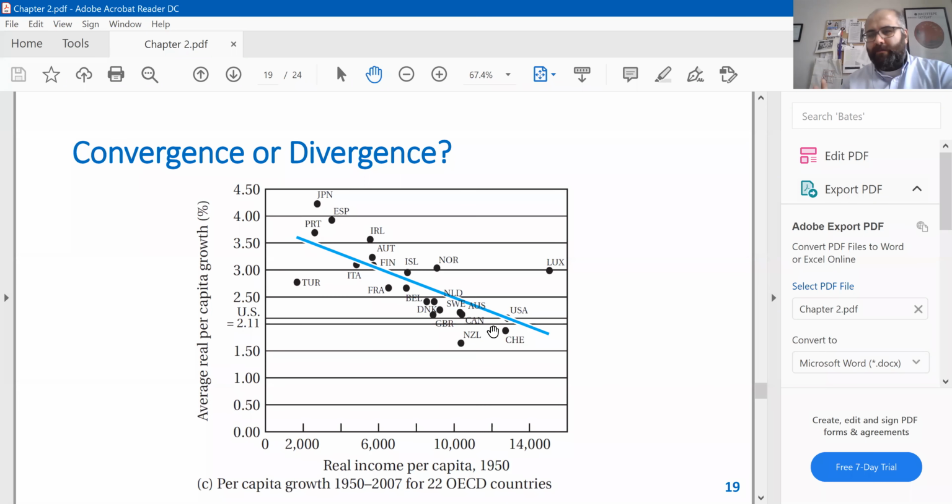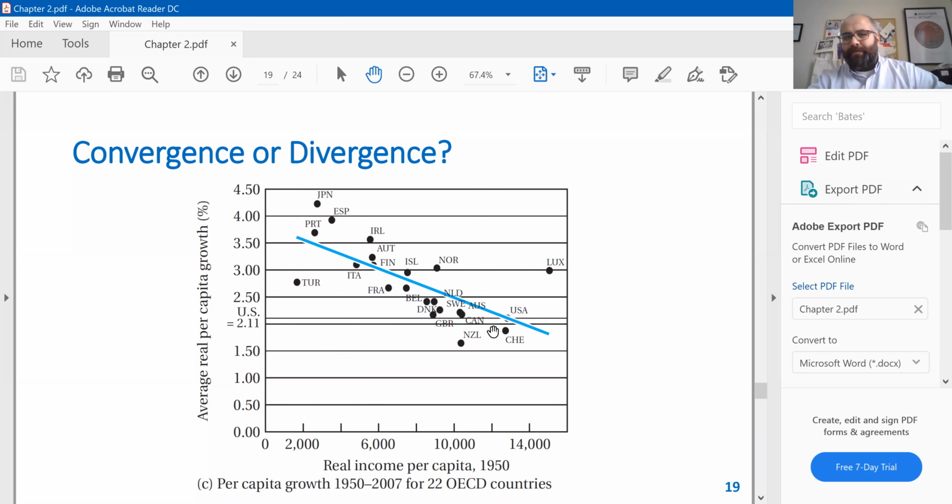Now, why is that? Why do you think there is no global convergence, but there is some degree of convergence if we look at only one group of countries? Here, the example is the OECD.